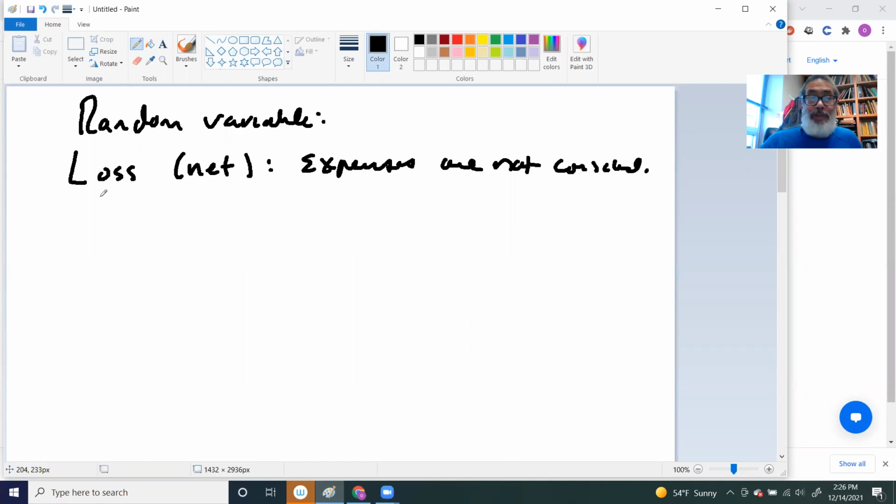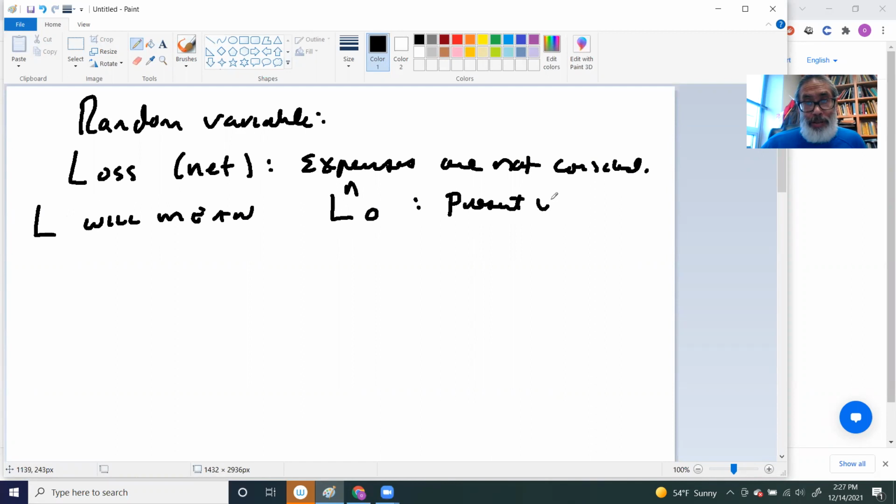That's just for simplicity. I want to keep as many things down here. And this in particular, by L, I will mean traditionally L_0, that is the present value of the net loss variable.